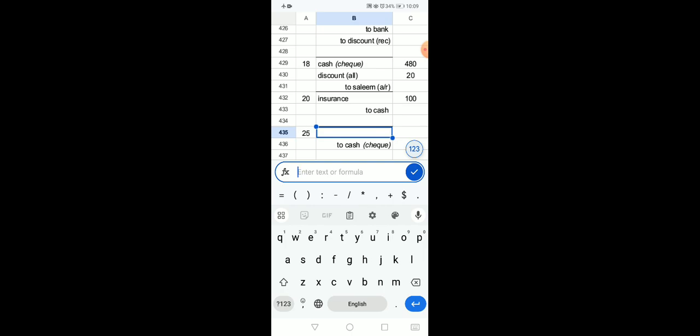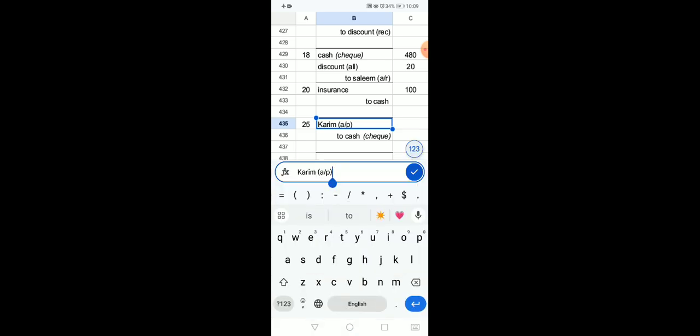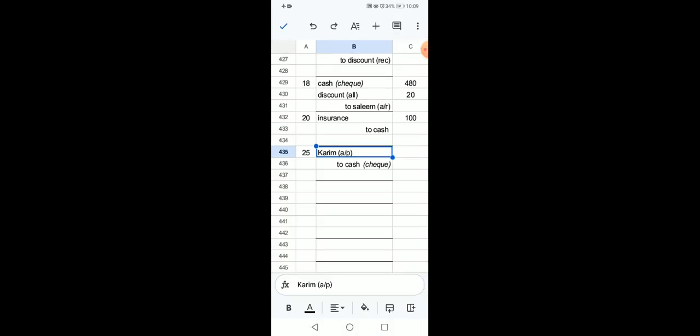It means he is no more your account payable after payment. He is no more your liability. Liability has decreased. Decrease in liability should be mentioned on debit side. So you will mention Kareem on debit side. Now we will use the word was. He was your liability because you have paid him.